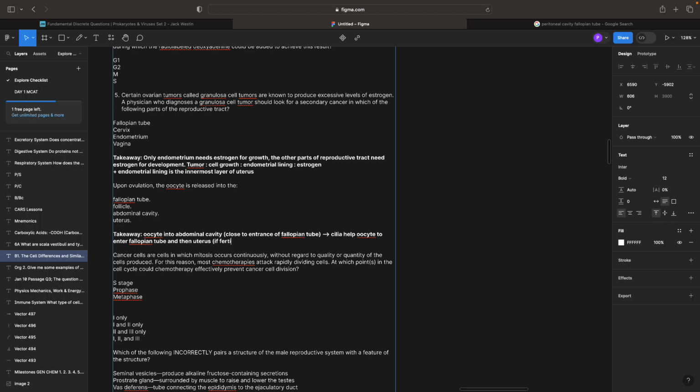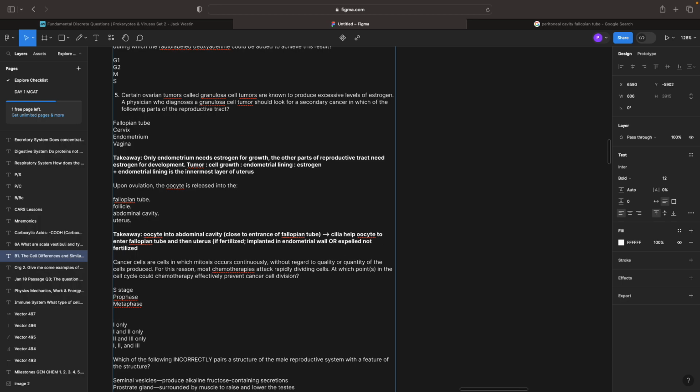If fertilized, implanted in the endometrial wall, or if not fertilized, expelled via menstruation with the endometrial lining.